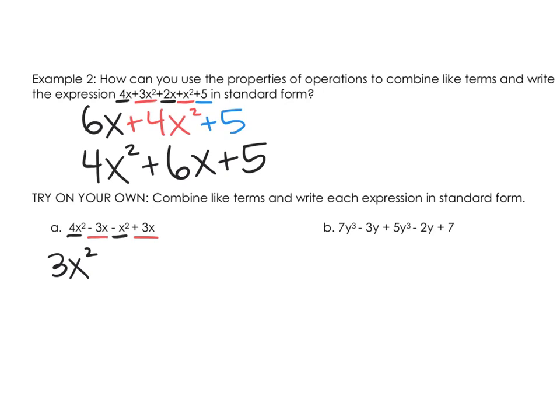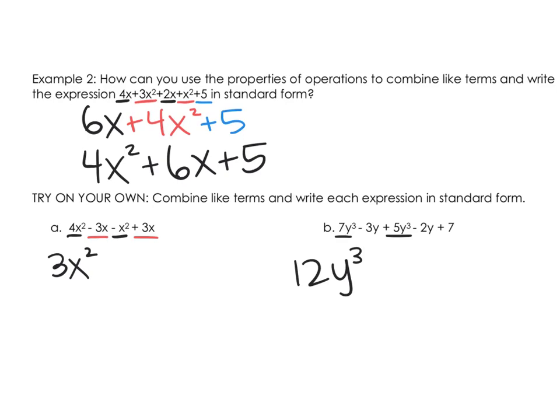Okay, on the next one, we should have put together 7y cubed with a positive 5y cubed. So when you put those together, you should have gotten 12y cubed.